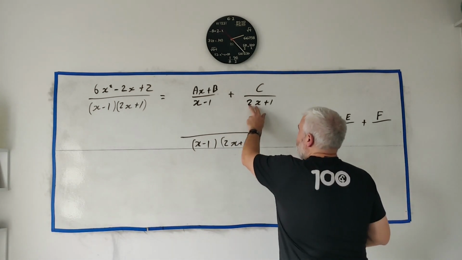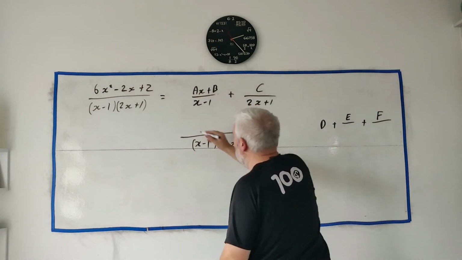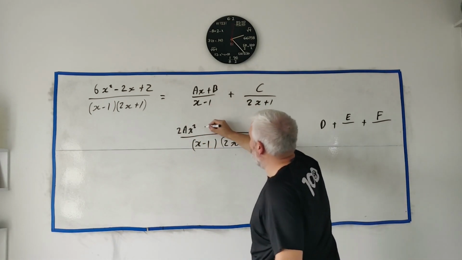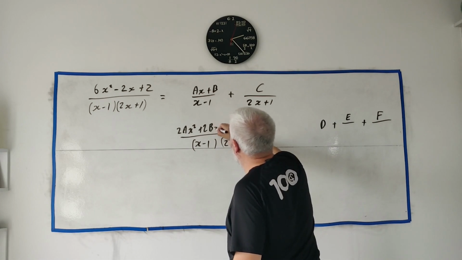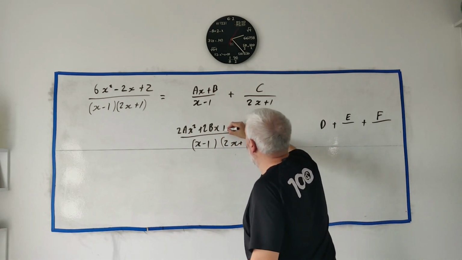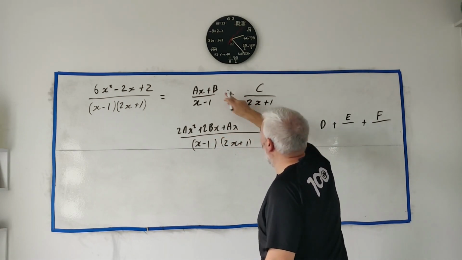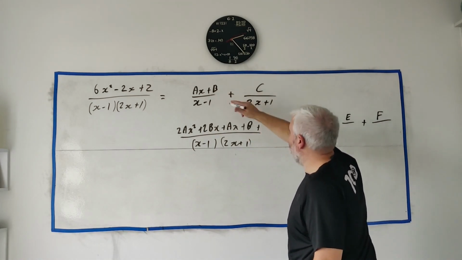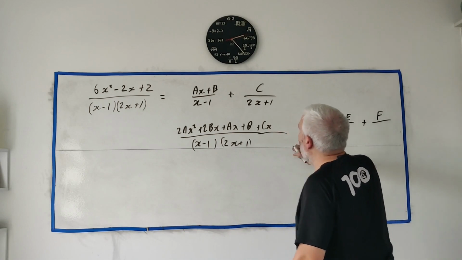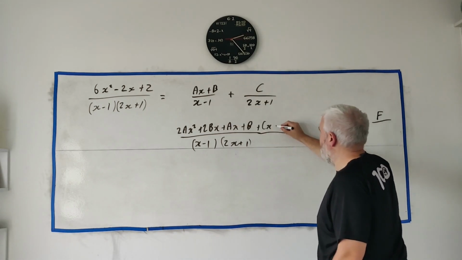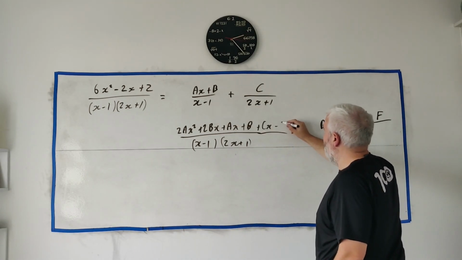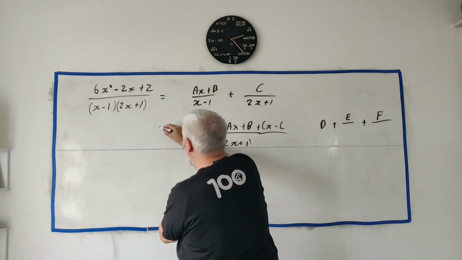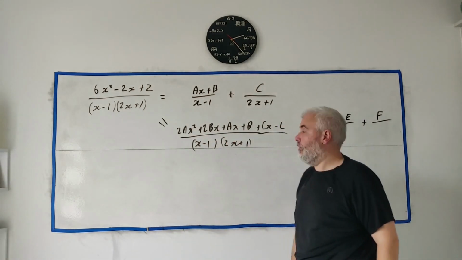The top row, let's expand it all out. 2x times Ax, that'd be 2Ax squared. 2x times B is 2Bx, plus Ax. 1 times B, plus B, plus C times x. And then minus 1 times C, so minus C.